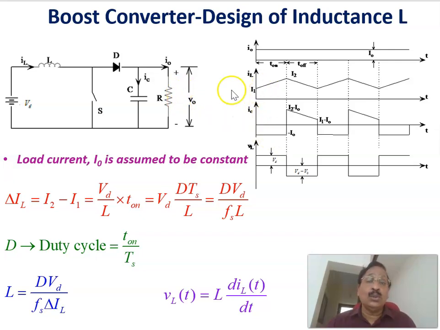When the switch is off, IL minus I0 equals IC. The current through the capacitor decays from I2 minus I0 to I1 minus I0, and during that period the capacitor is charging.